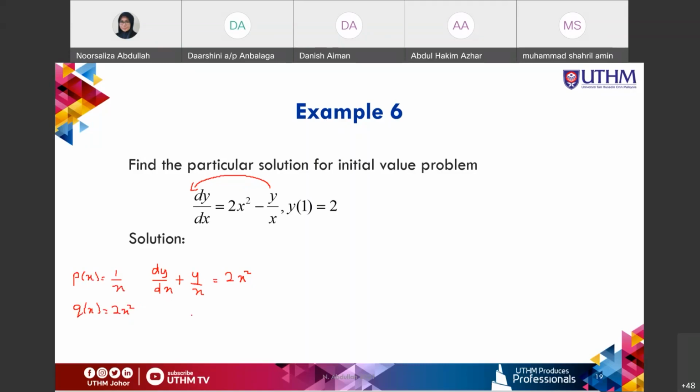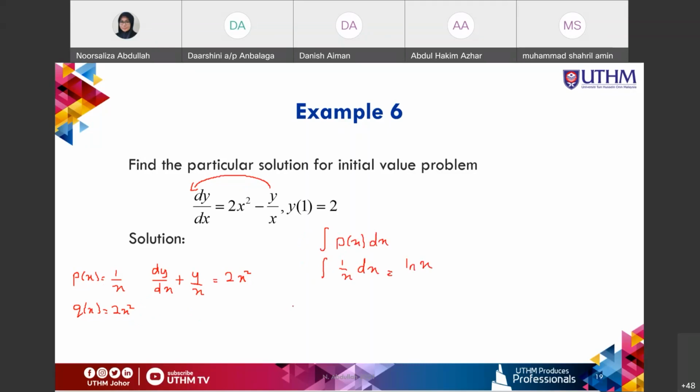Okay, then you can get the I by integrating the Px dx. So Px dx is the integral of 1 over x dx, equals to ln x.